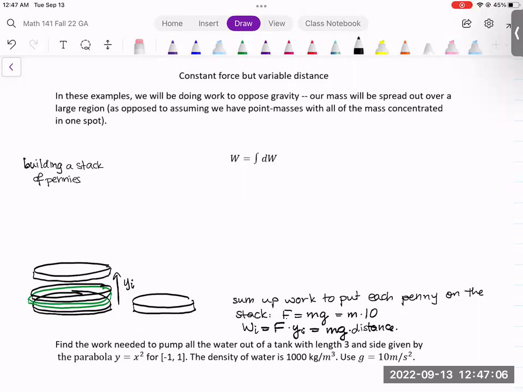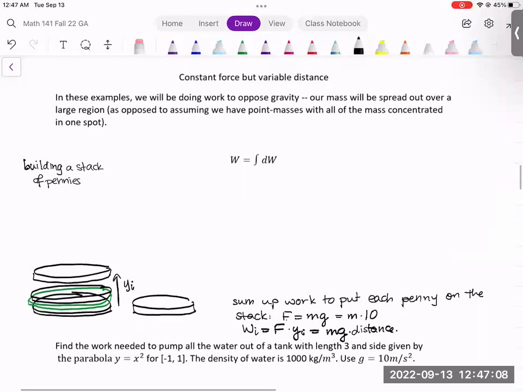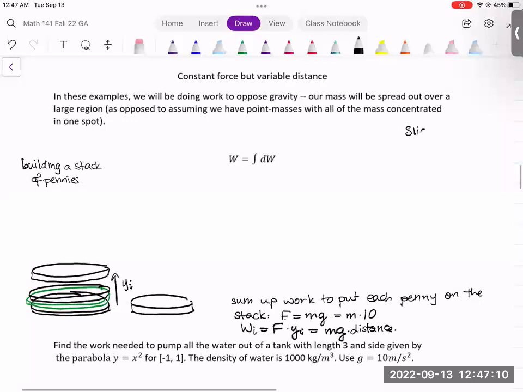So we're going to think of slicing the parts that we need to move into slices that are at the same height.